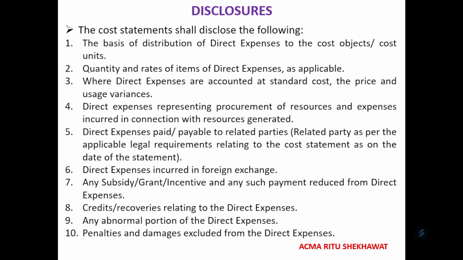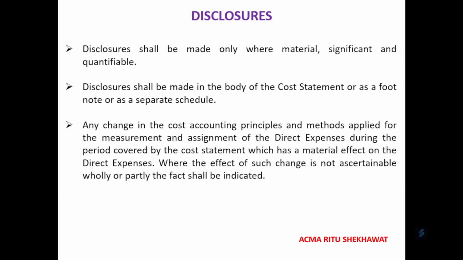The procurement of resources and expenses incurred in connection with resources generated, if there is any related party transaction, any foreign exchange, or any subsidy, grant or incentive reduced from the cost, then it should be disclosed. If there are any recoveries, abnormal portions, penalties and damages, these should be disclosed in the body of the cost statement, as a footnote, or as a separate schedule.